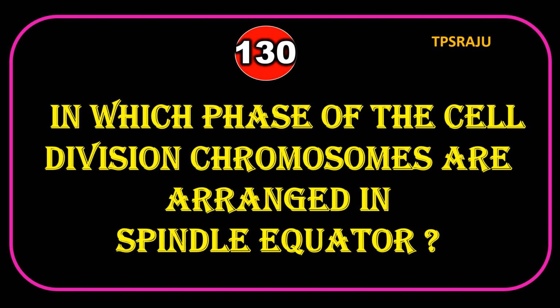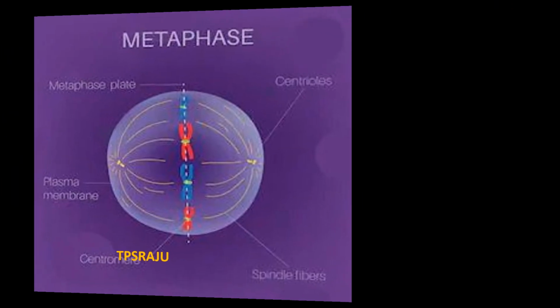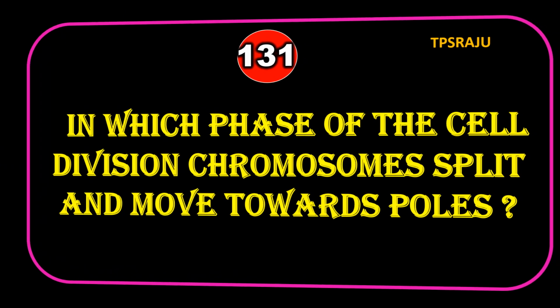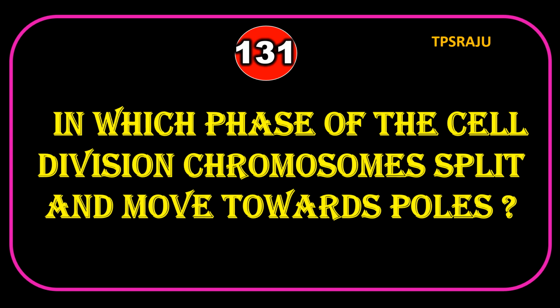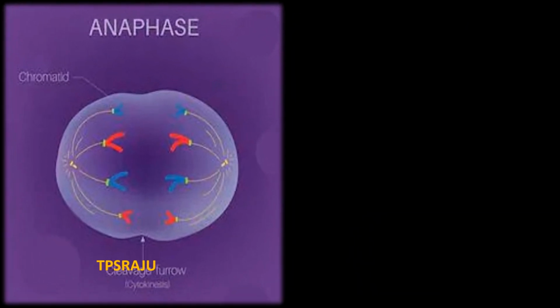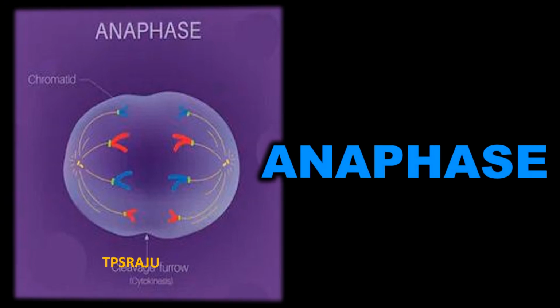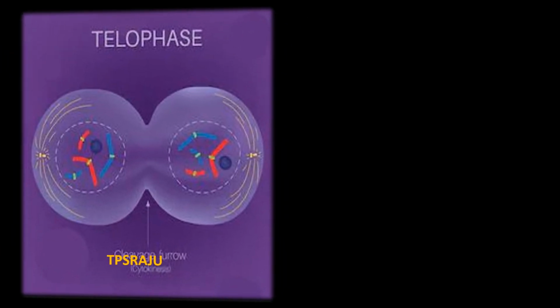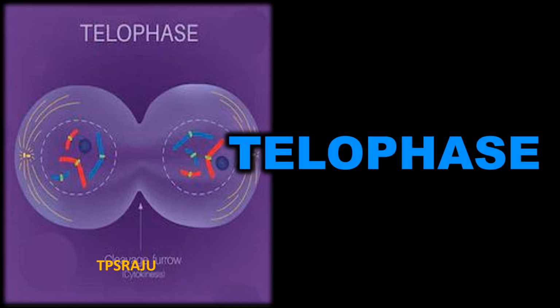In which phase are chromosomes arranged at the spindle equator? Metaphase. In which phase do chromosomes split and move towards poles? Anaphase. In which phase does the nuclear membrane form around daughter nuclei? Telophase.